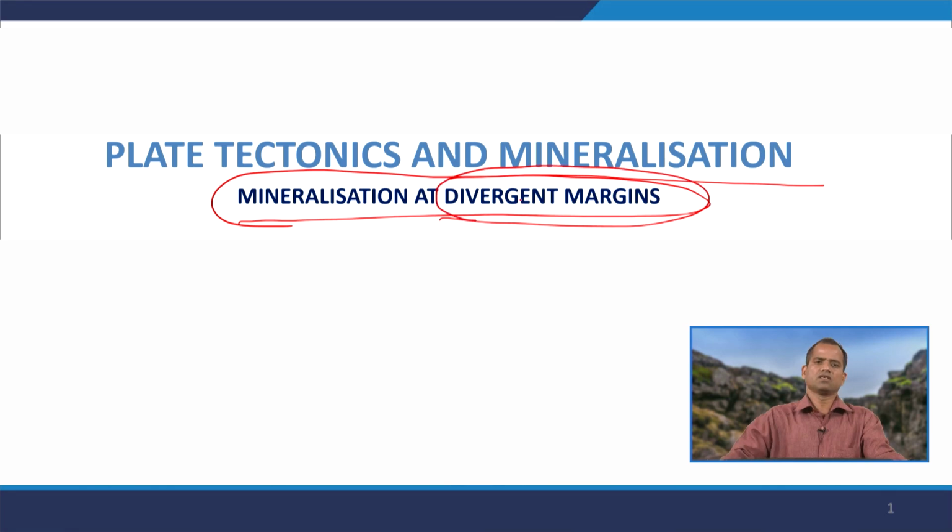And we know the divergent plate margin starts from rifting and eventually completes the drifting stage. From rifting to drifting, it takes millions of years.